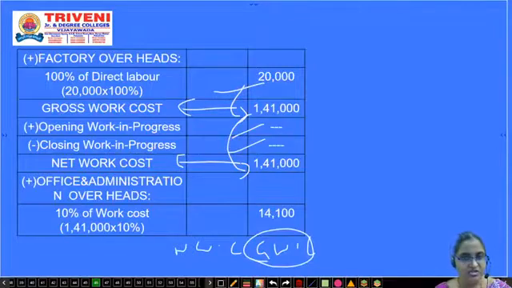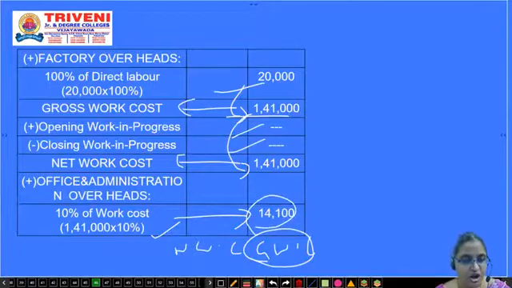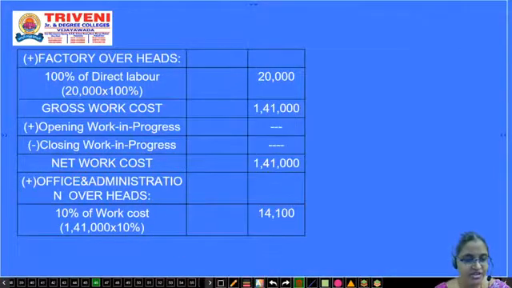Now the gross work cost is 1,41,000. So 1,41,000 into 10%, you got the amount 14,100. 14,100 is the office and administration overheads. Next, continuation of the sum.